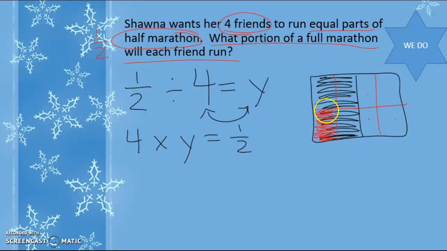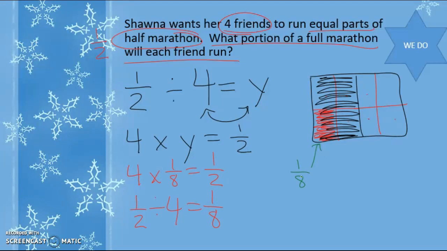Each friend will run 1/8 of the marathon. 4 times 1/8 equals 1/2, or we could say 1/2 divided by 4 equals 1/8. If we take half of something and divide it into 4 parts, the amount of each part is 1/8.